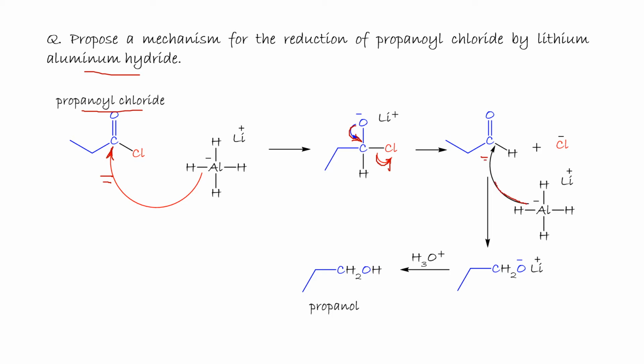Reduction of the carbonyl with another molecule of hydride gives the alkoxide salt. When we add acidified water, it turns into the alcohol, a primary alcohol.